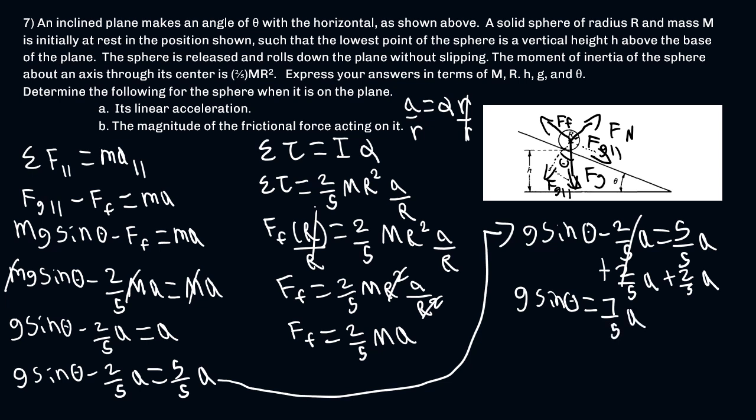Now in order to get acceleration by itself, I divide this out from both sides, so it cancels over here, and then I flip my fraction, so I should be left with 5 times g sine theta over 7 is equal to my acceleration.